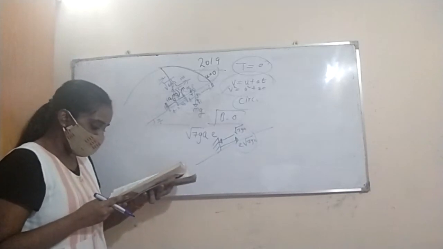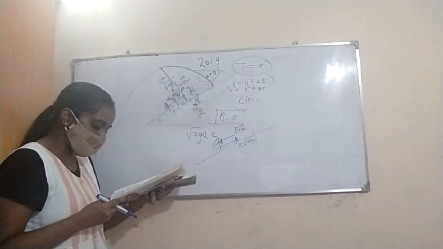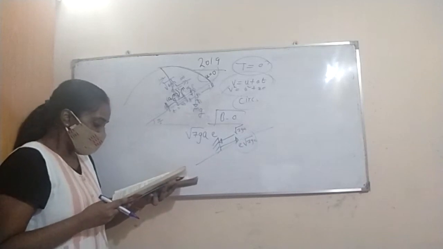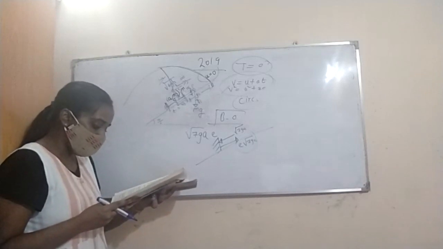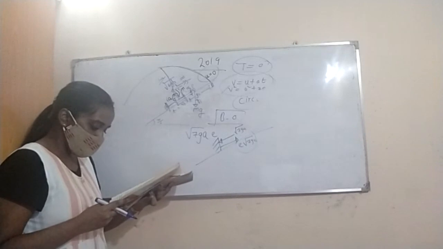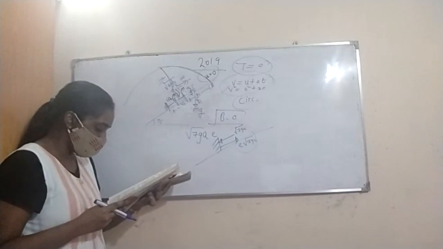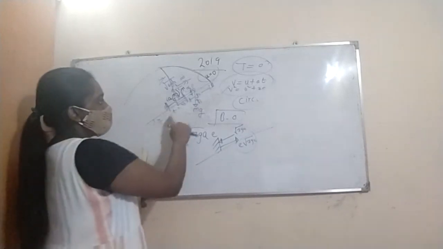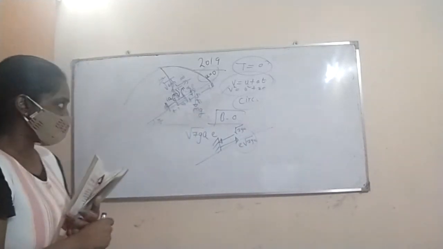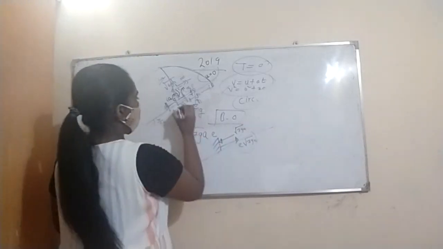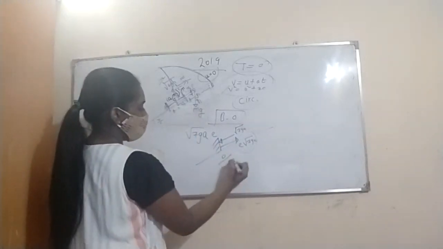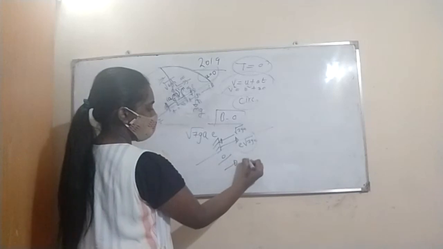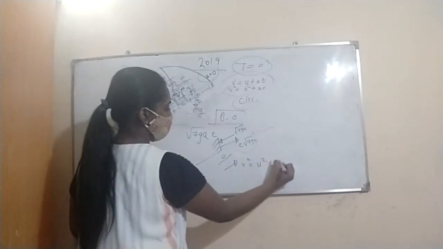When the particle P reaches O, it strikes a smooth barrier fixed at O perpendicular to the plane. The coefficient of restitution between P and the barrier is E. Show that if 0 less than E less than 1 over root 7, then the subsequent motion of P will not be simple harmonic. Okay, let's see how much distance it travels before coming to rest. From O I apply the equation V squared is equal to U squared plus 2as in this direction.